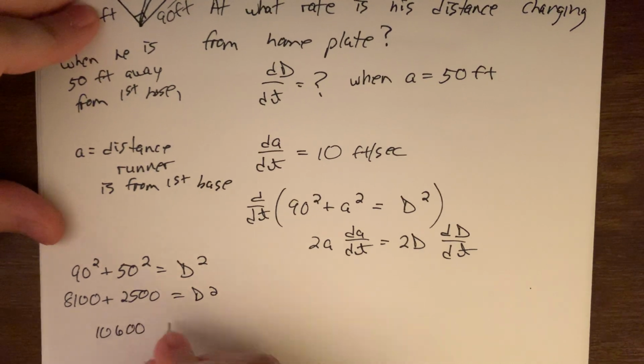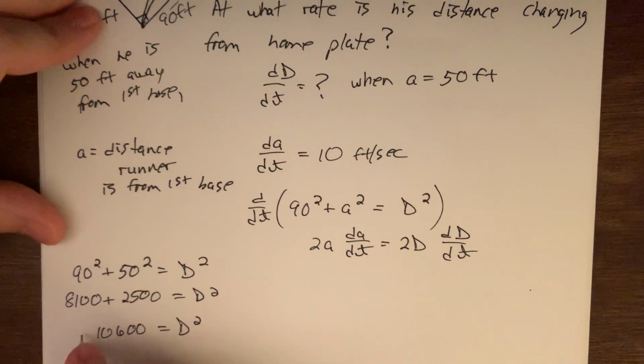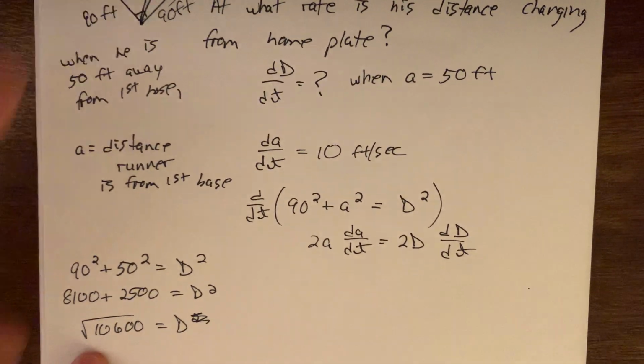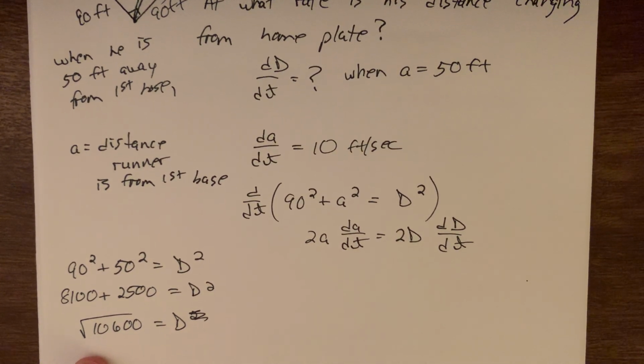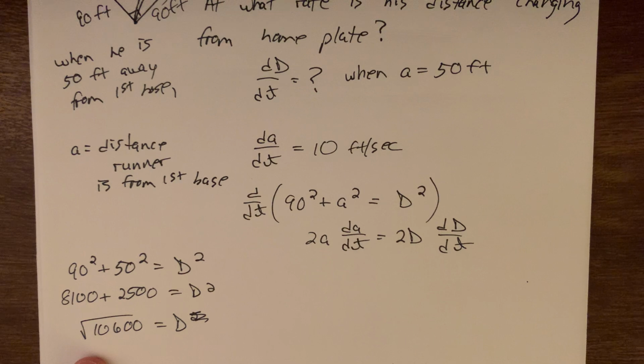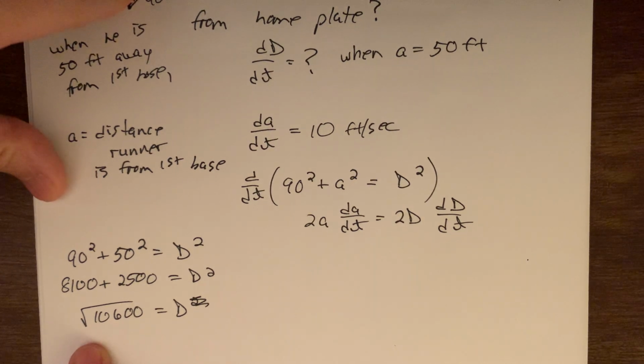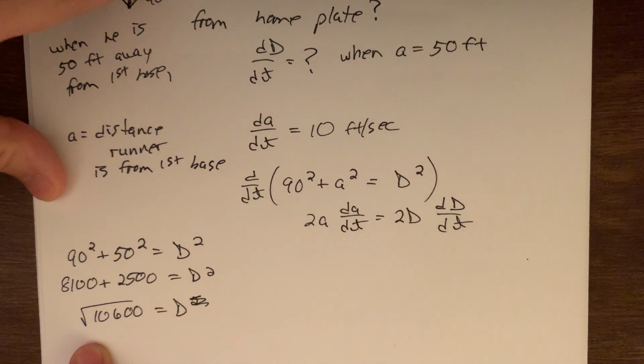So we're getting 10,600 is D squared. It's not a clean answer, so I'm just going to leave it as the square root of 10,600. Not a problem. If you use your calculator, get a decimal, I'd have no issue with that. But again, instead of rounding here, I'll just leave it as an exact.